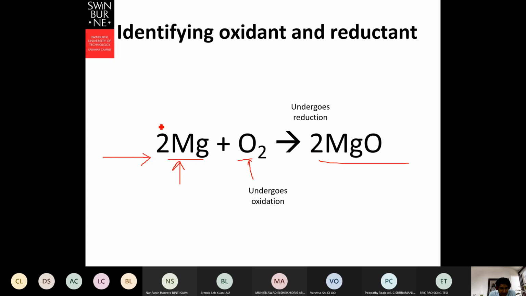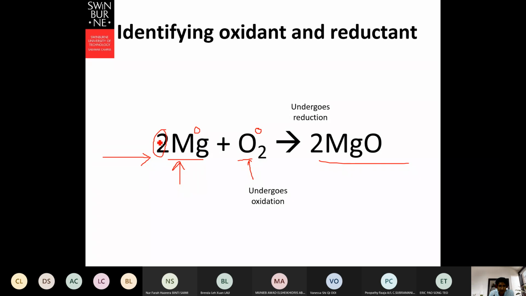On the left side, magnesium is 0, oxygen is 0. Remember on the chart we just saw, the free elements are always 0 oxidation state. It does not matter that there is a 2 in front here. You may think that it changed, but no, it does not change.